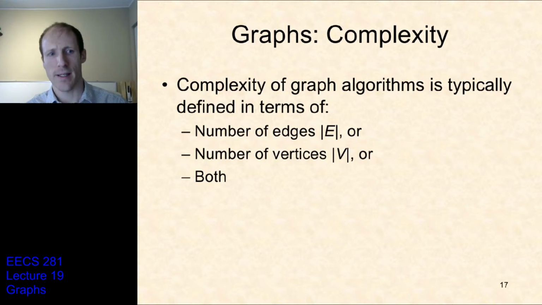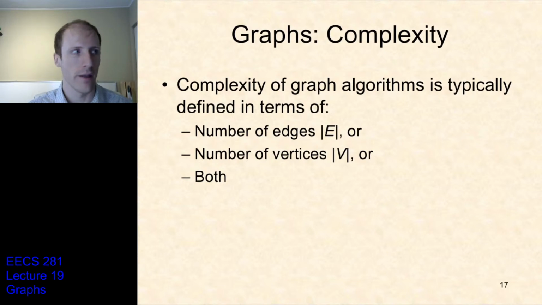And this is a little bit more complex than our tree algorithms, where for the tree algorithms, we could always express the complexity in terms of just the number of nodes. But here we are going to have these two different quantities that we might trade off.